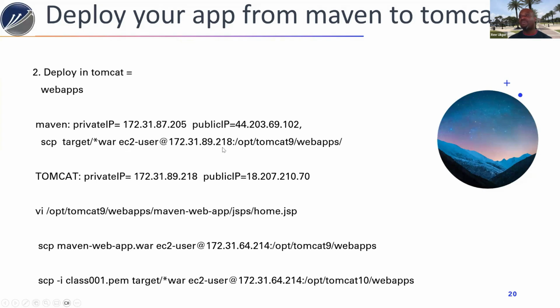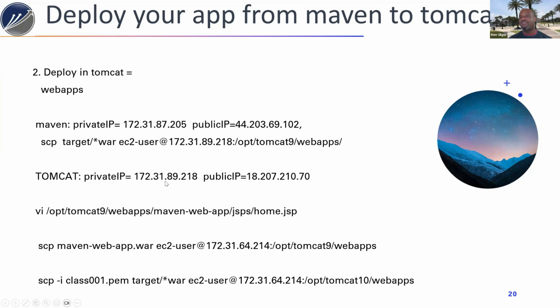So this is my IP address, Tomcat IP address. And this is the directory that I'm looking for in my Tomcat, the webapps directory, right? And this is the path. Remember this when we did the installation, /opt/tomcat9. This is the directory I'm copying to. So I'm copying everything in this target to my Tomcat instance, and I'm targeting this directory, okay?